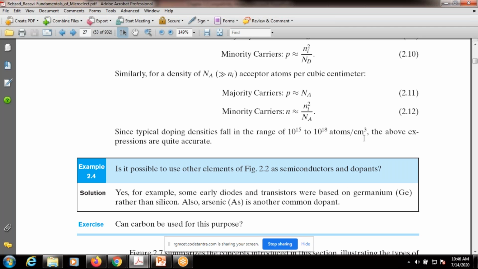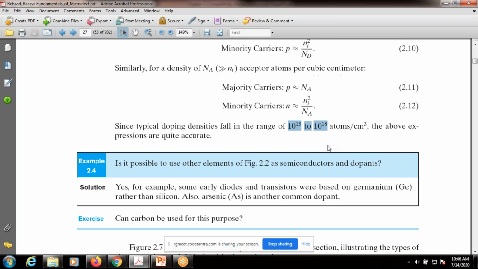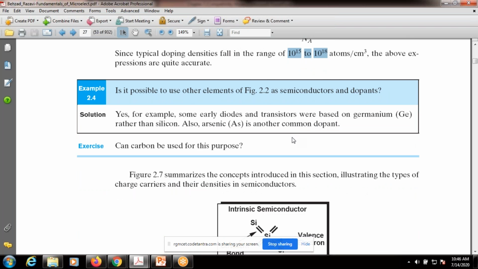So this is the range for how many atoms are added per cubic centimeter to create a p-type semiconductor or an n-type semiconductor, right? What is the typical range? 10 power 15 to 10 power 18 atoms per cubic centimeter, right?